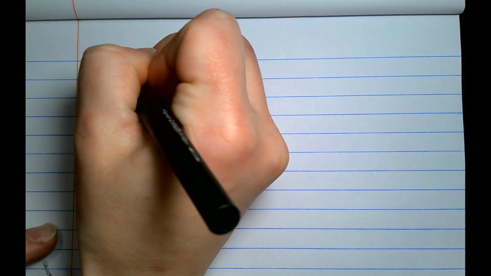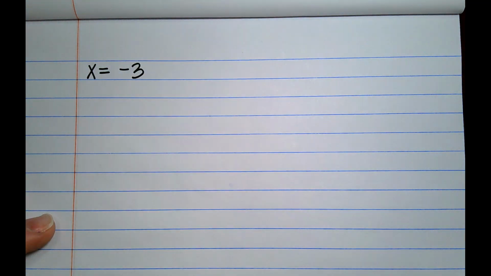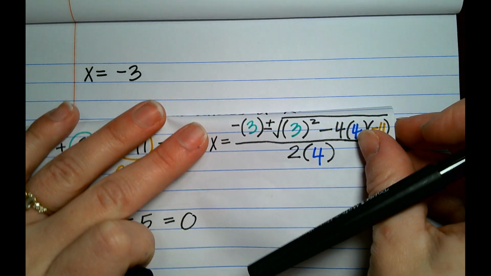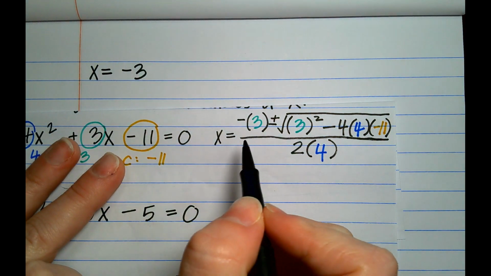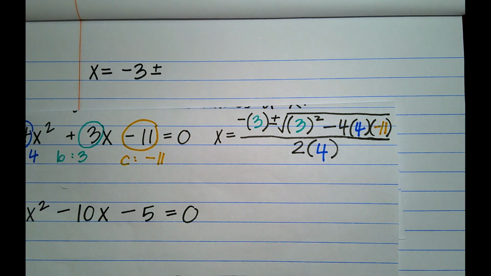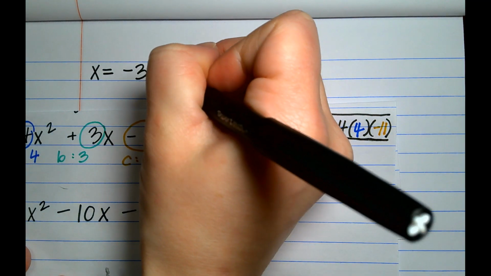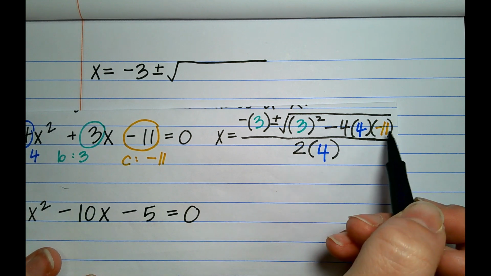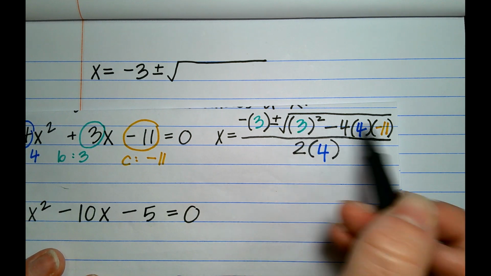We have x equals, and we just found out that we have negative 3. Next, we have the plus or minus, the square root. Now, what can we simplify underneath the square root?